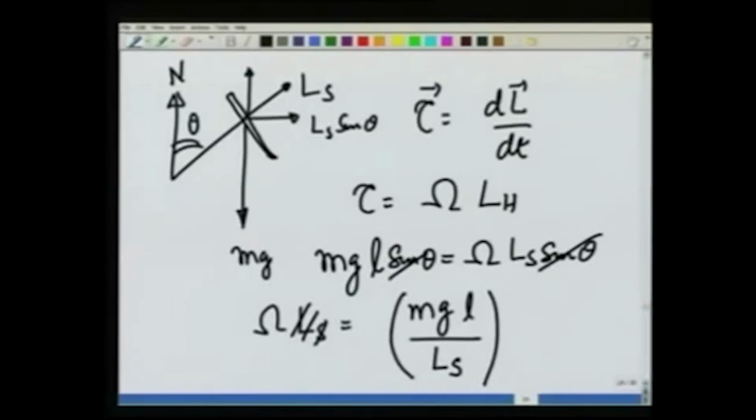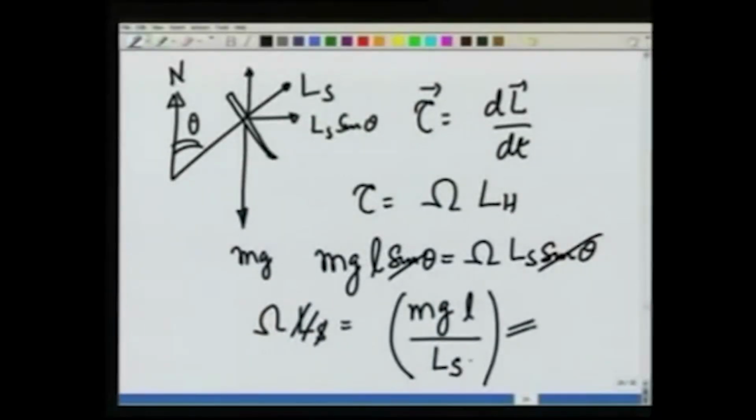No matter what angle it is at, the precession frequency is the same. If a very high spin rate is there, omega is going to be very small, and therefore I ignored any effects due to capital omega, which is generally known as gyroscopic approximation.